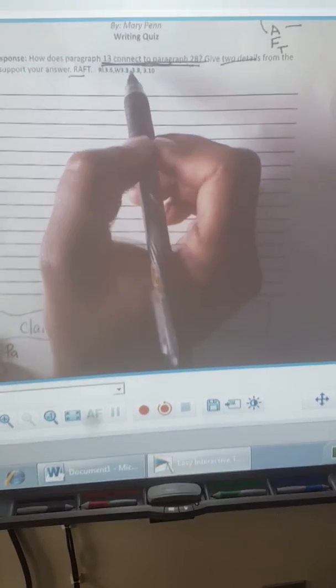So now I'm going to go back into my claim. Paragraphs, and you have to use the words that you see in the question.